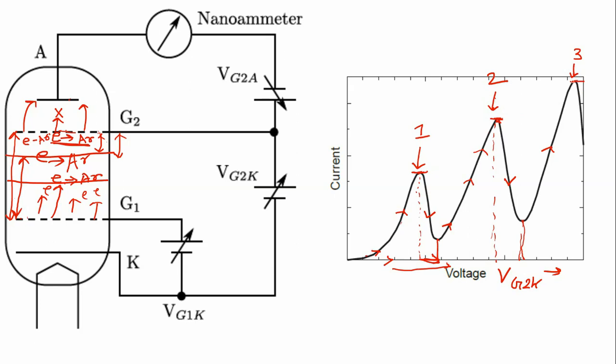You can try to think why there is a constant increase in anode current, while every time you can see there is a fall of anode current, and again there is a rise of anode current.